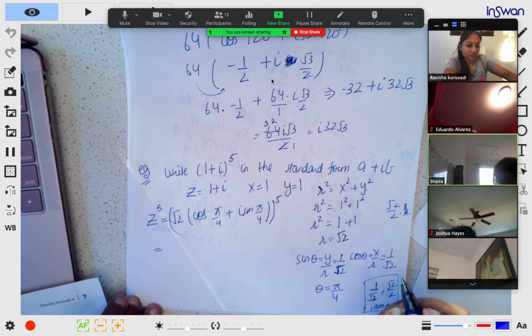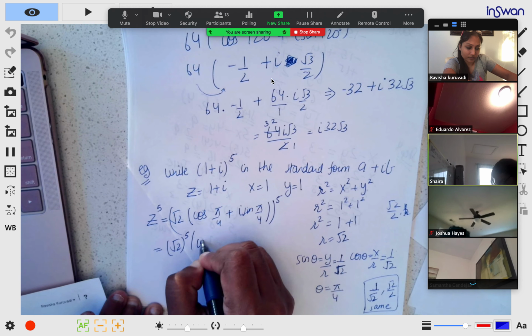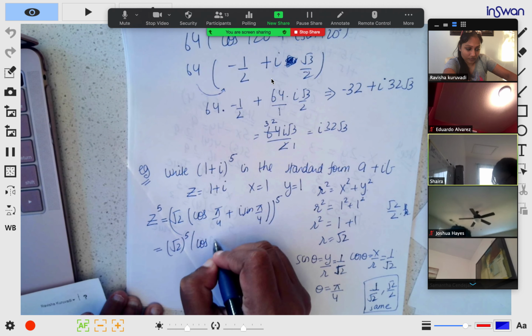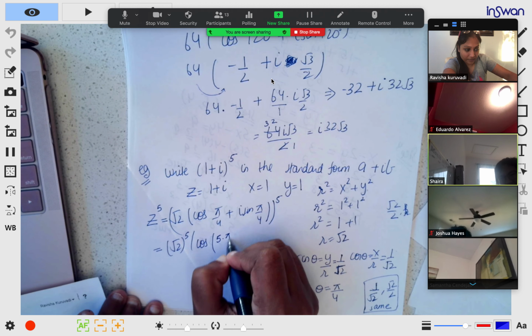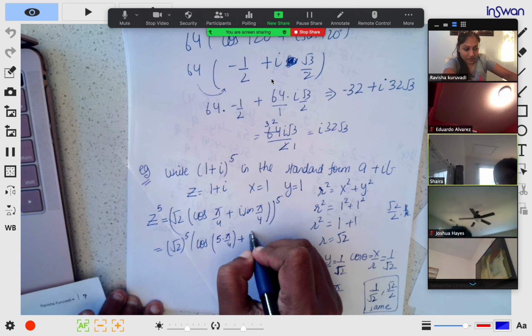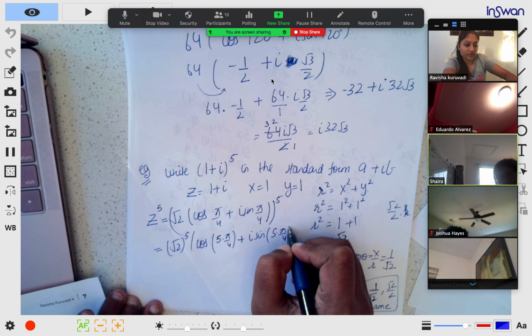Root 2 to the power of 5, then cosine of 5 times 45 degrees plus i sine of 5 times 45 degrees. Okay.